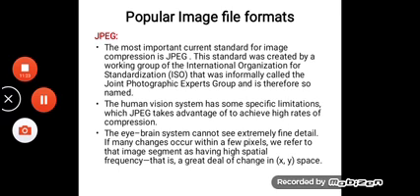And here JPEG is one of the standards for compression, because it basically starts with the human vision system. This Joint Photographic Experts Group ensures that whenever they apply certain compression, they study the entire human vision system.